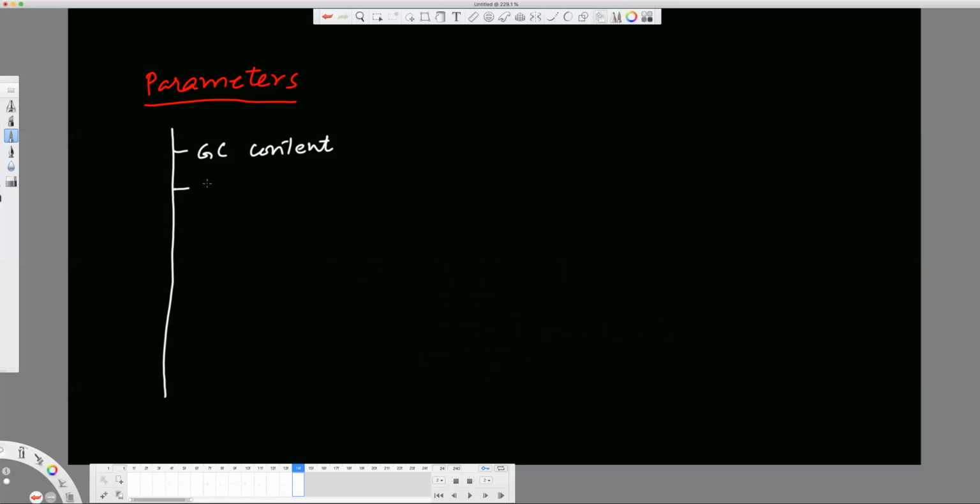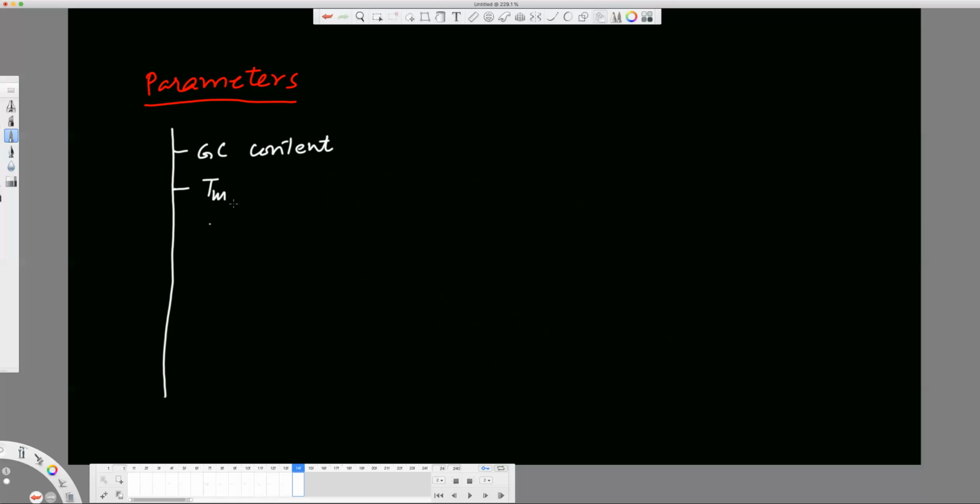We need to look at the melting temperature of the primer, okay, which should match with your PCR setting. When you set the PCR, there is one step where you melt the DNA duplexes around 90 to 100 degree centigrade. And then there is an annealing temperature. So Tm actually makes sense during annealing, right?